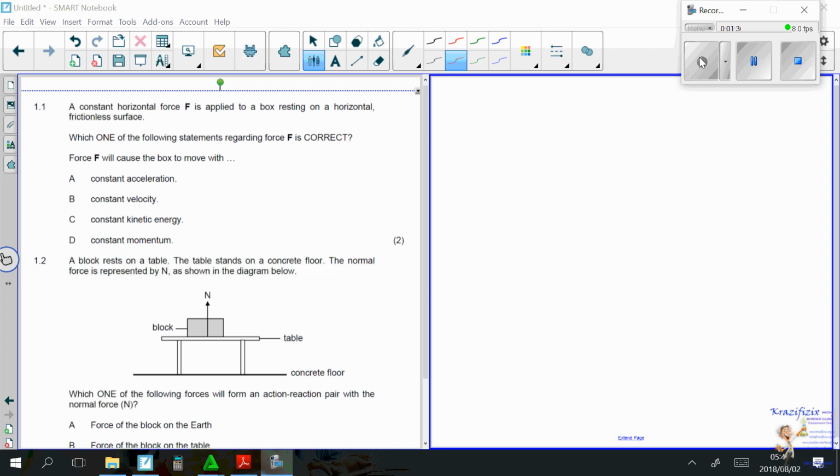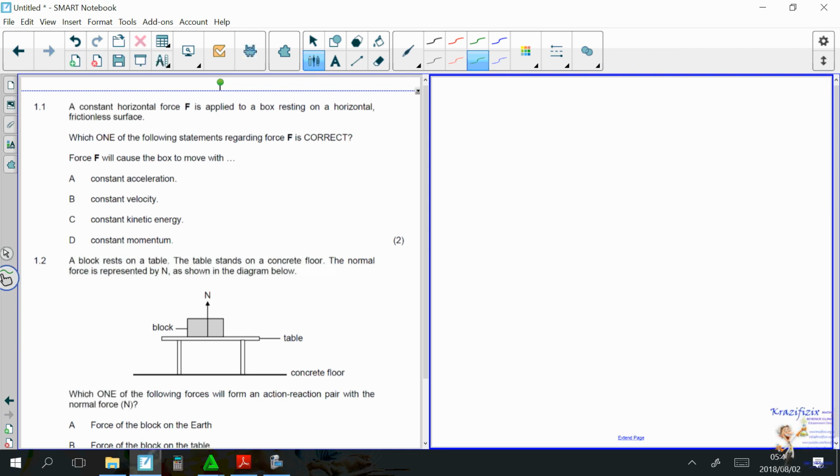Question 1.1. A constant horizontal force F is applied to a box resting on a horizontal frictionless surface. All right, look at the word friction. Which one of the following statements regarding force F is correct? Force F will cause the box to move with. Now, this is basically asking us for Newton's second law.